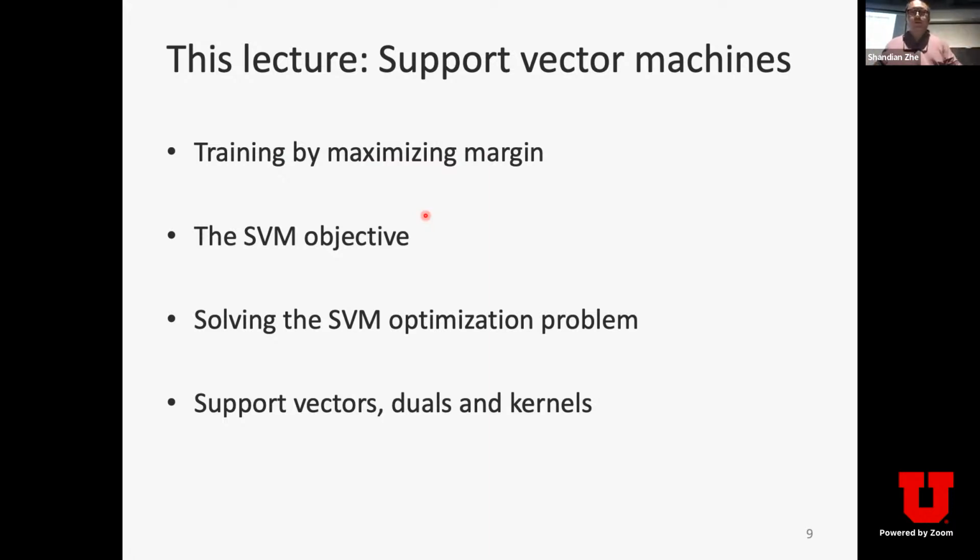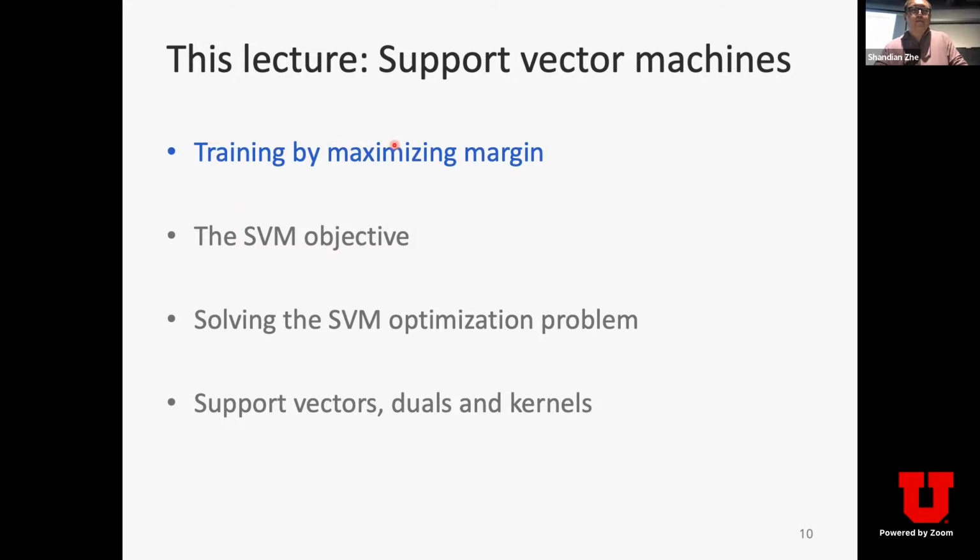Then we can use stochastic gradient descent or stochastic subgradient descent to solve it. Later, we'll see how to generalize support vector machines to nonlinear classifiers, which means integrating a feature transformation trick that we call kernels.